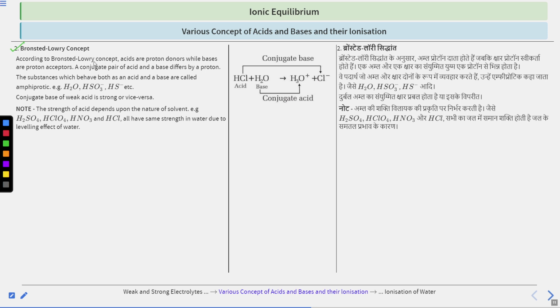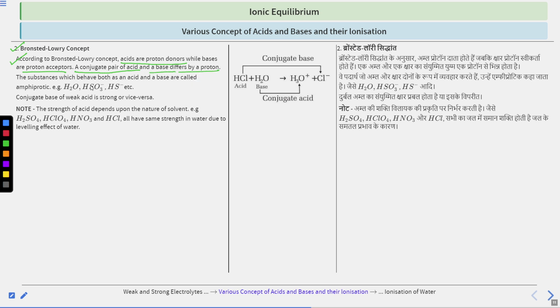According to this concept, acids are proton donors while bases are proton acceptors. The first line for acids is the same, like it can donate H positive, while a base can accept H positive. Okay, this is according to the Bronsted-Lowry concept. A conjugate pair of an acid and a base differs by a proton.